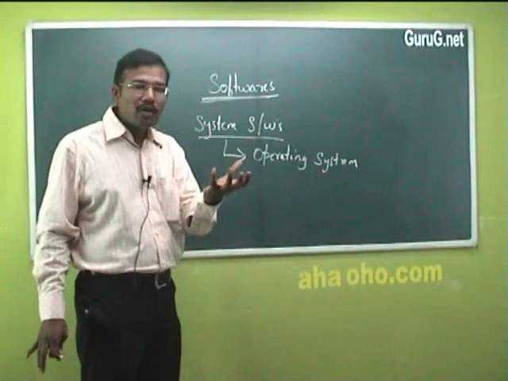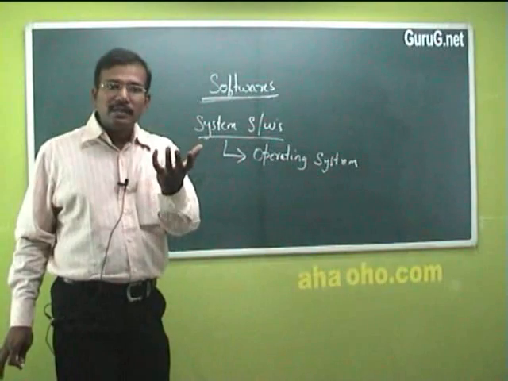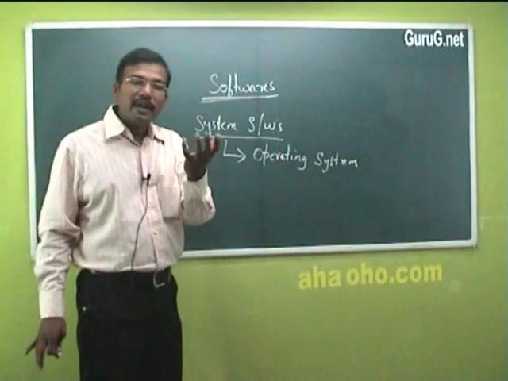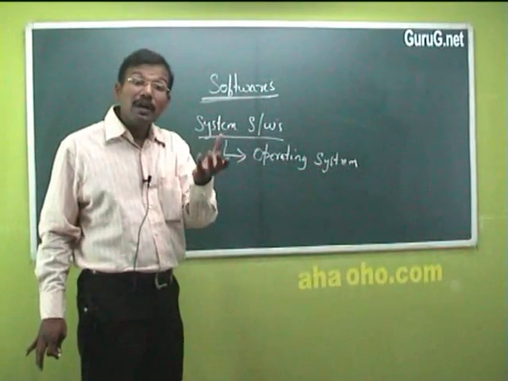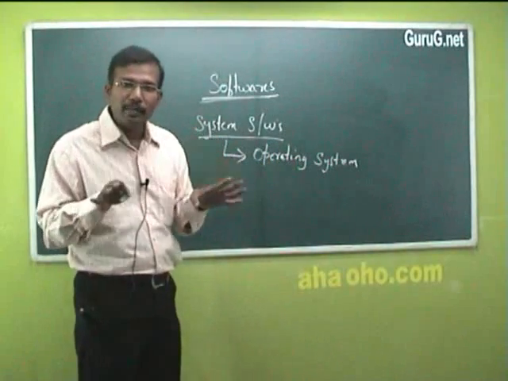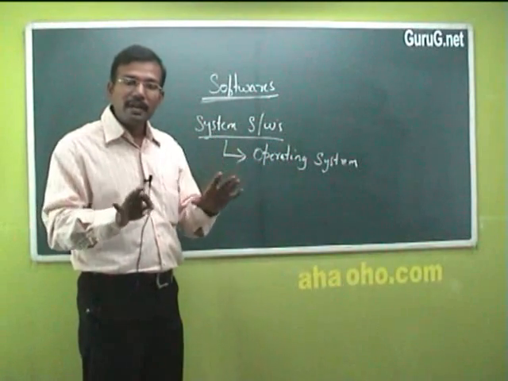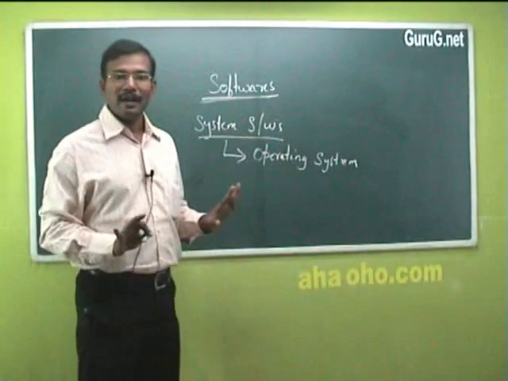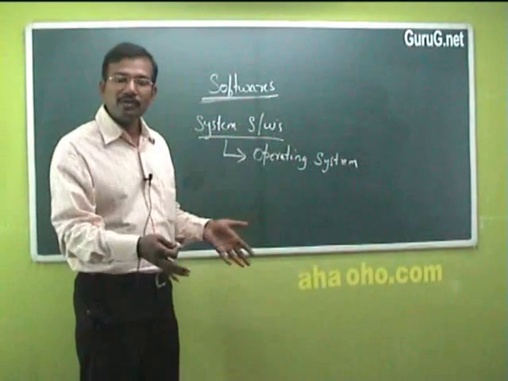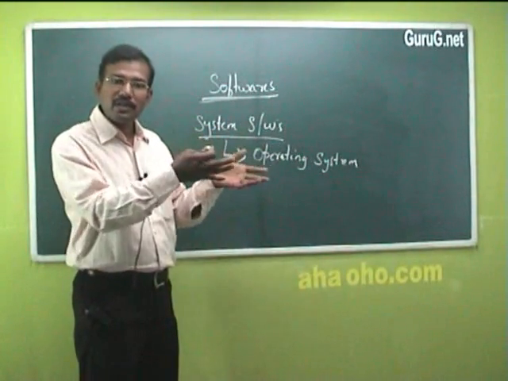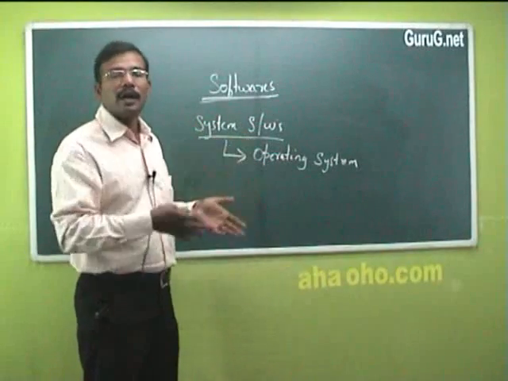In earlier days we used to have software which was dependent on a particular system. Suppose you are writing a program, that program will be executed only on that particular hardware or the computer which is available for you to do processing.